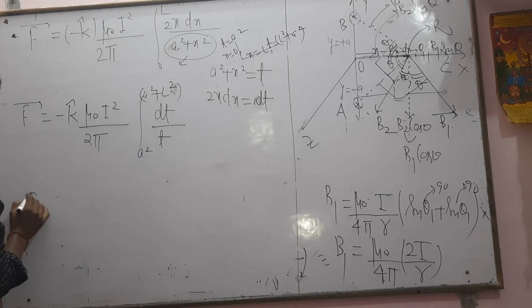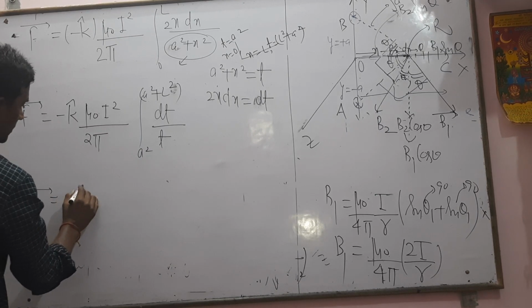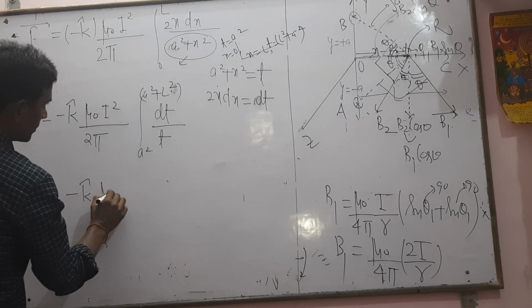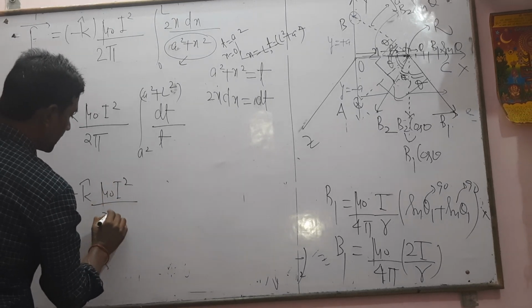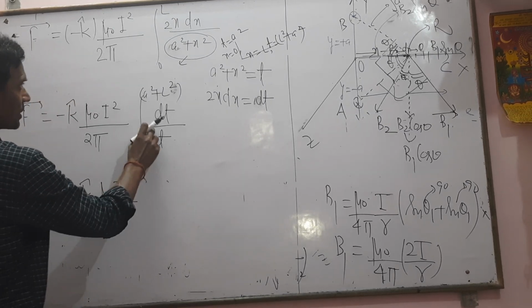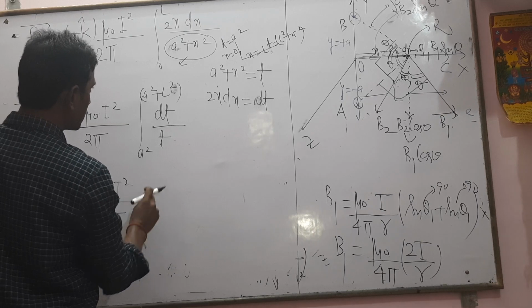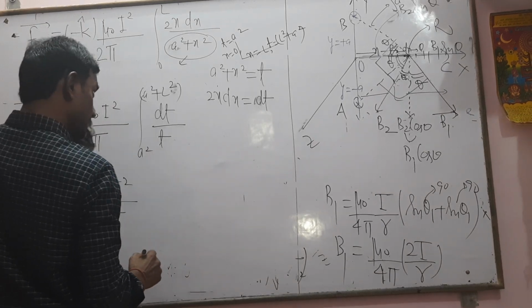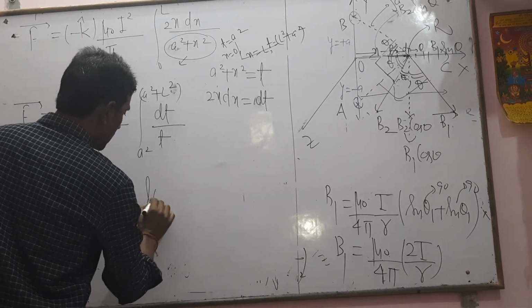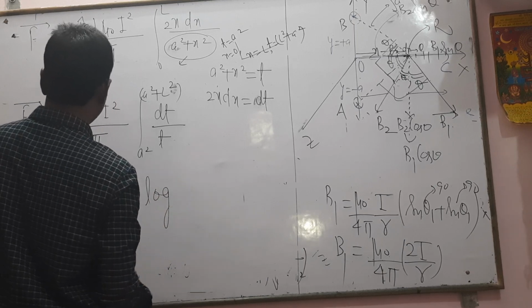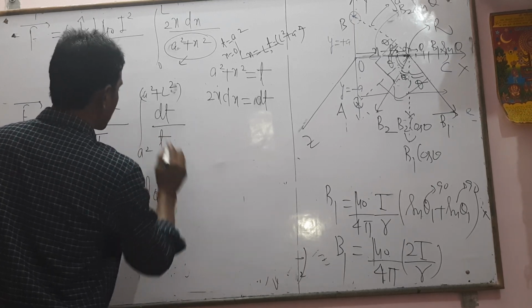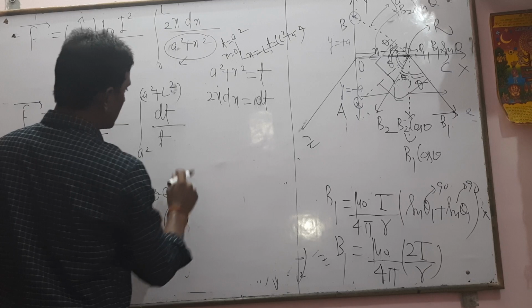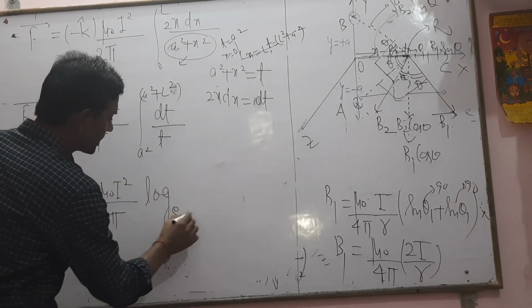So F vector equals minus k cap mu naught i square divided by 2 pi. So this is the ln. Integration of dt upon t equals log, that is, log of upper limit minus lower limit. Log of integration dt upon t equals log of t at base e.